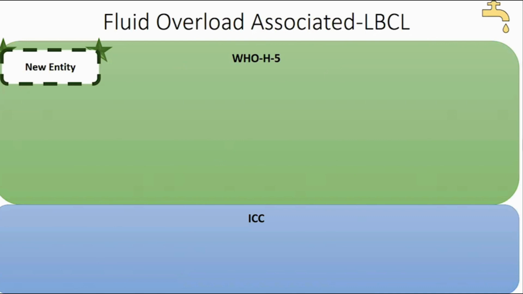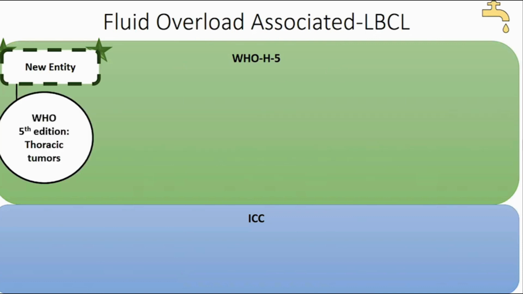An additional difference between the WHO4R and these new types is they do introduce this new entity called fluid overload associated large B-cell lymphoma, at least the WHO5 does. And actually, this is present in other Blue Book series, like in the thoracic tumor series, where it's called HHV8-unrelated primary effusion-like lymphoma.